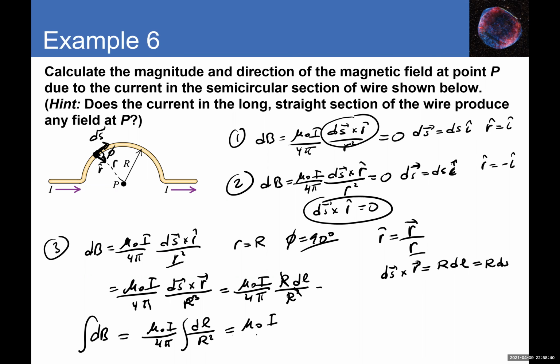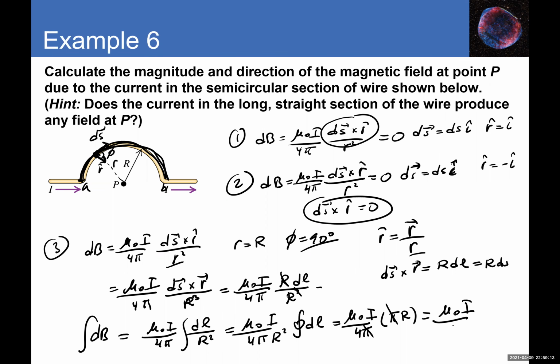So mu naught I over 4 pi and r squared can come out, and all I have is the closed integral of dl. This is pretty much half a circumference going from point A to point B, which gives me pi r. Then pi is going to cancel out, and finally I get mu naught I over 4r.